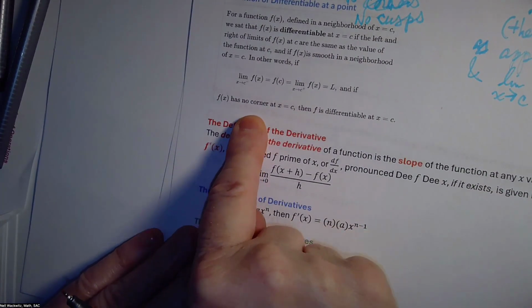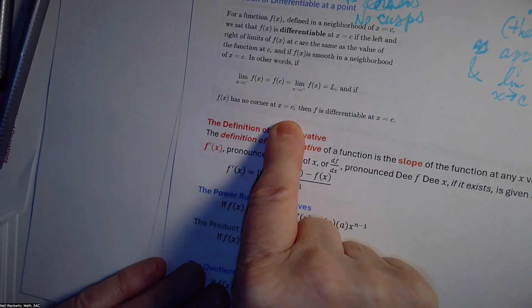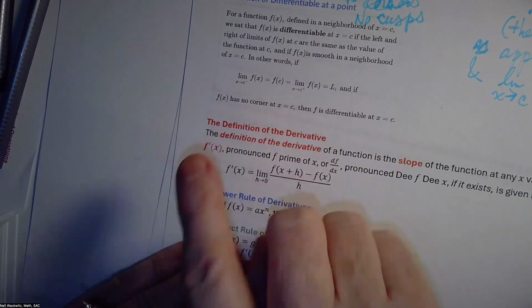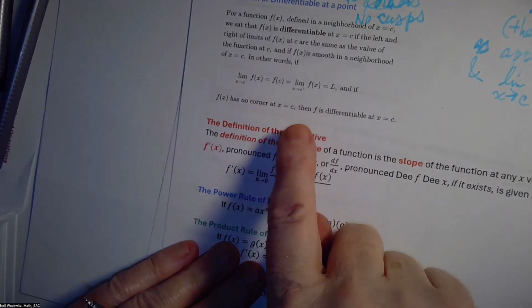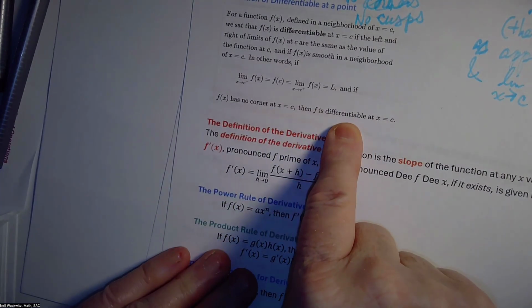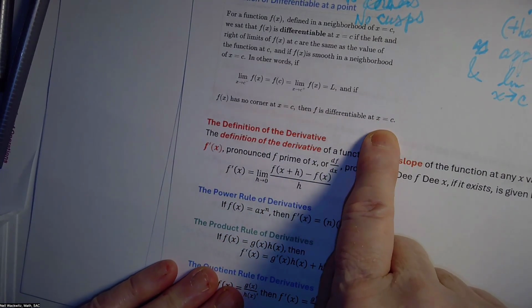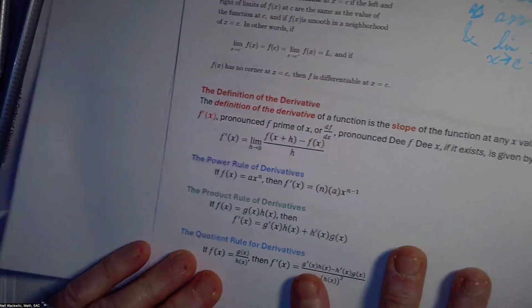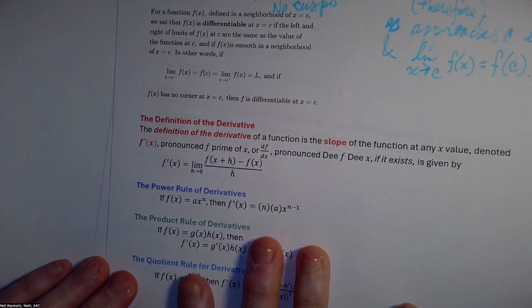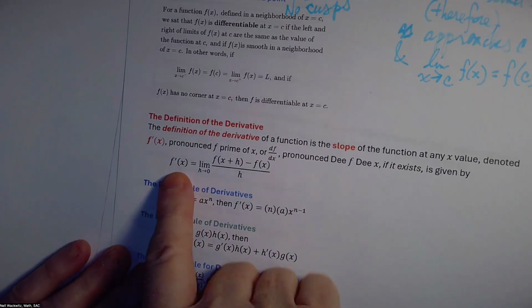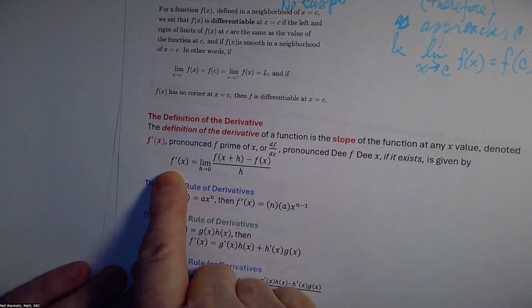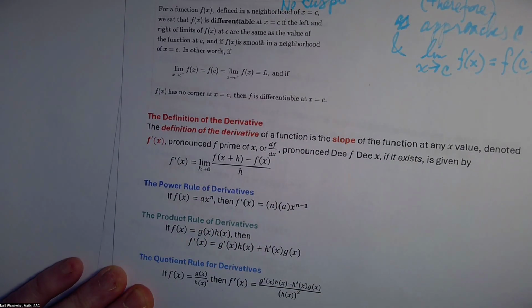So if f of x has no corner at x equals c and there's no cusp, then we would say that f is differentiable at x equals c. The formula for the derivative is exactly the same as the formula for the instantaneous rate of change.